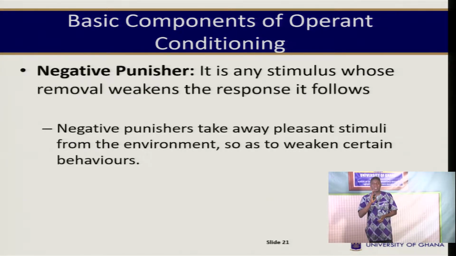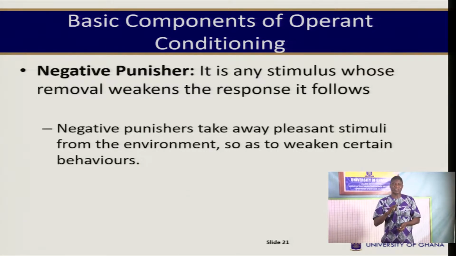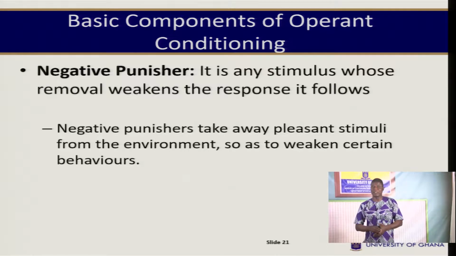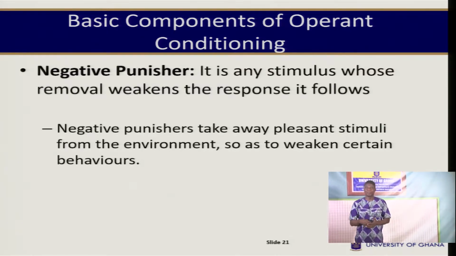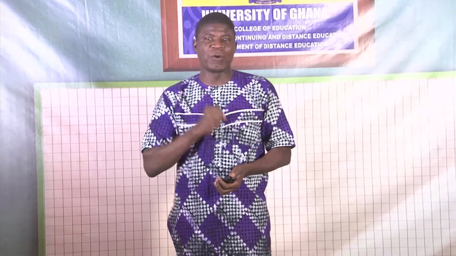For instance, a child misbehaves in a way that is not acceptable, such as fighting with the siblings. It's a behavior that we don't want to occur again. So we want to punish this using the negative punisher. We will take away certain pleasant stimuli from the environment of the child so that he will not engage in fighting again.